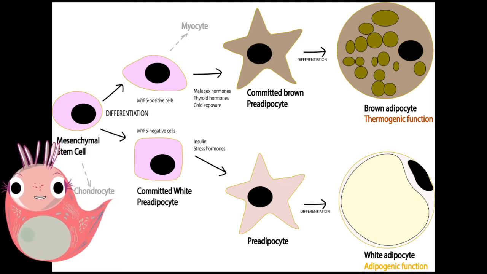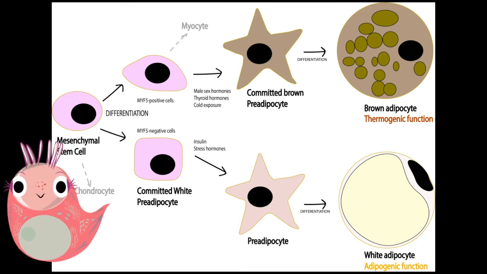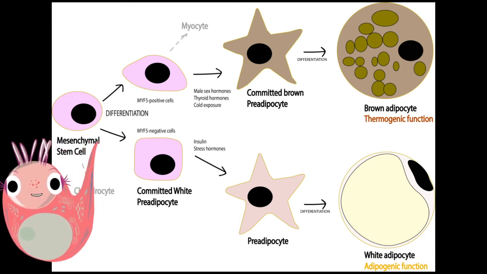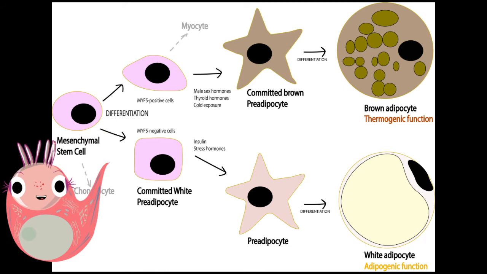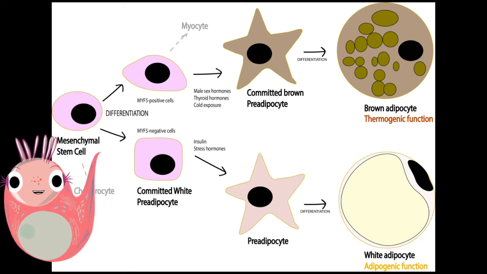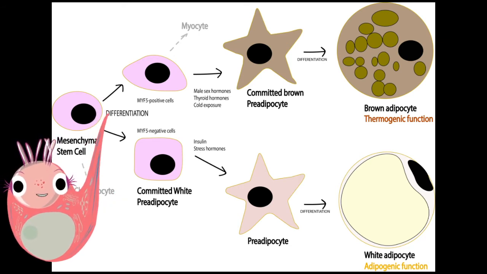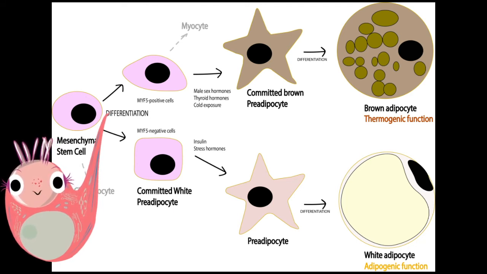If we take this time an example with adipocytes or fat cells, again, we start with the same mesenchymal stem cell like the one we had for myocytes. We see that before it differentiates between fat and muscles, there is a first step of differentiation.